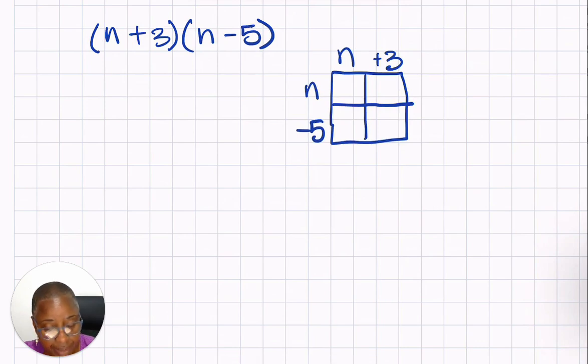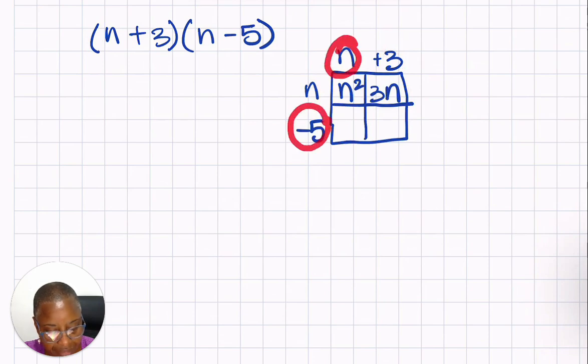And then I'm going to multiply each row and column. So n times n goes in here, which would be n squared. And n times positive 3 goes in here, which is going to be 3n. And do the other row as well.